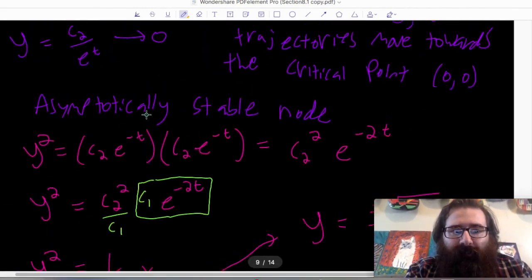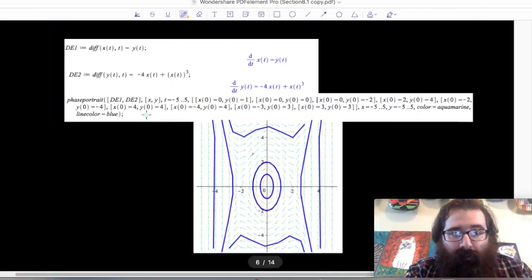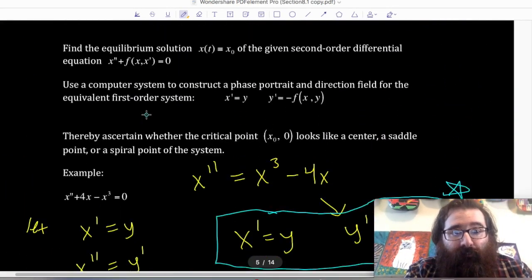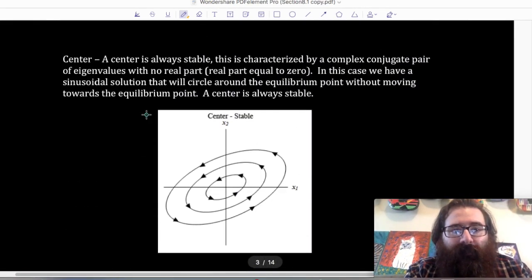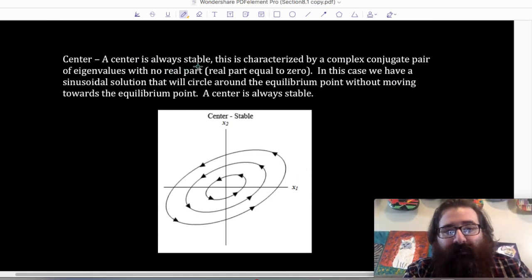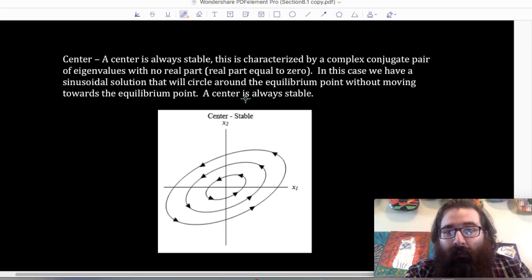So let's go back to the list. I think we're probably all thinking the same thing. You're probably yelling it at the computer screen right now, and I can't hear you because I'm too old. But let's go back here. So a center, a stable center, characterized by a complex conjugate pair of eigenvalues where the real part is equal to 0, with a sinusoidal solution that was circling around the equilibrium point without moving towards it.